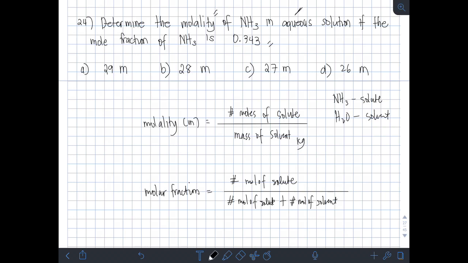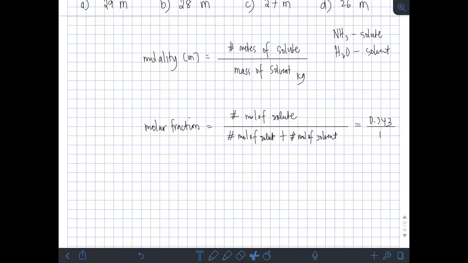If we equate this to the given, it is equal to 0.343. Let's write 0.343 as a ratio over 1. This means the total number of moles, when we combine the moles of solute and the moles of solvent, is equal to 1, and the moles of solute is just 0.343.